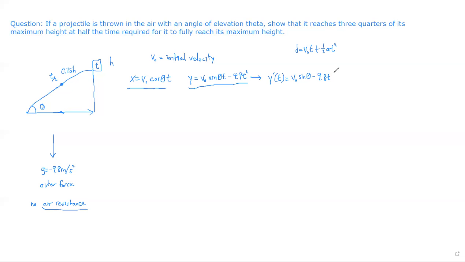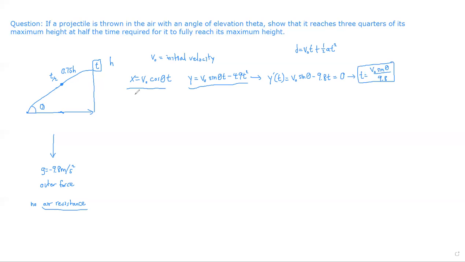Okay, and at the maximum height, y prime is 0. So when you move this equation around a bit, you get t is equal to v naught sine theta over 9.8. And remember, this t is the max time it takes for the object to reach its maximum height.